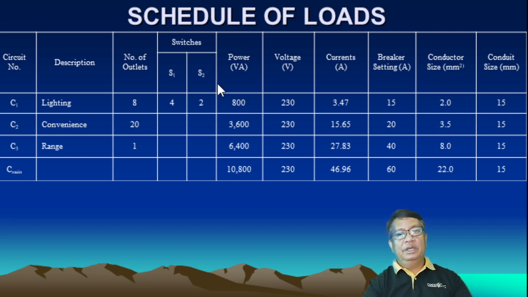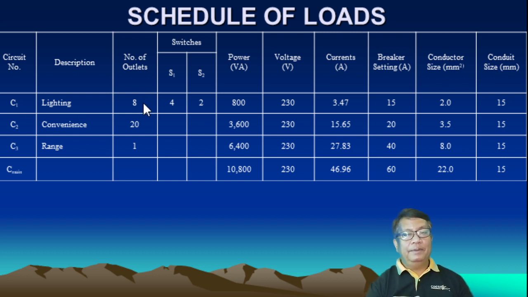So the next column here is our power in volt ampere. Based on our lighting layout, we have 8 outlets. So that is our C1.